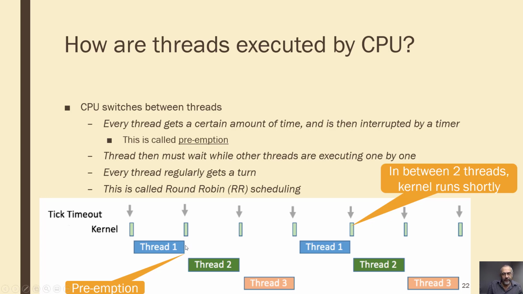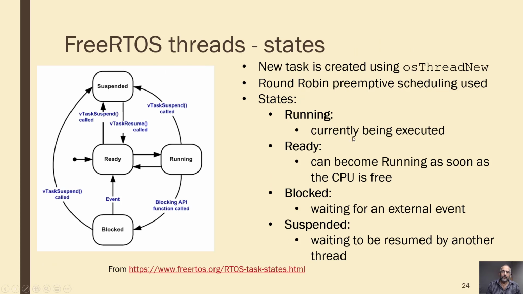But if they are not running, like here, thread 1, between this moment where it stopped and the moment that it starts again, then thread 1 is not running, because 2 and 3 are running. In that time, thread 1 is what we call ready. So running means actually now being executed on the CPU. Ready means it's waiting for its turn.